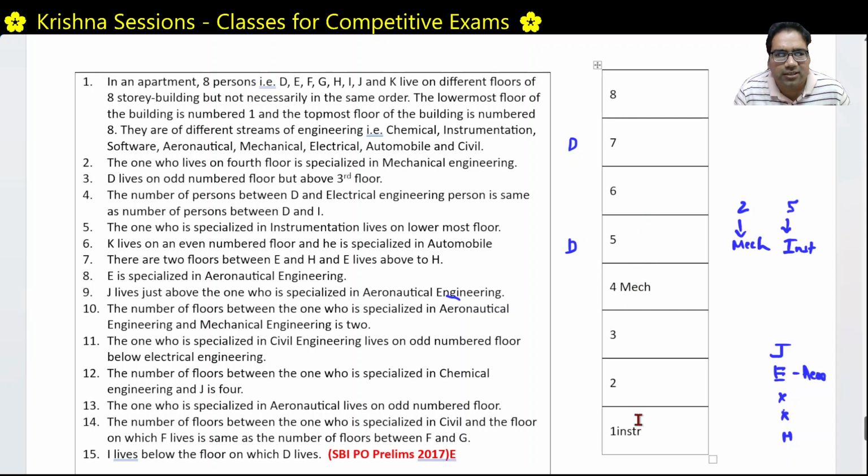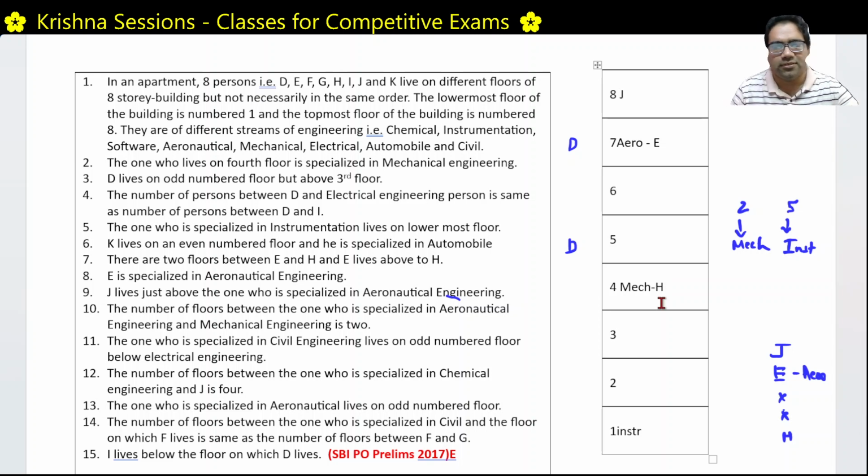If this is mechanical, either this or the seventh position is available for aeronautical. Because the first position is already taken, this becomes aeronautical. And we just discussed if this becomes aeronautical, this will naturally become E, and as per this structure, this becomes J, and this becomes H.